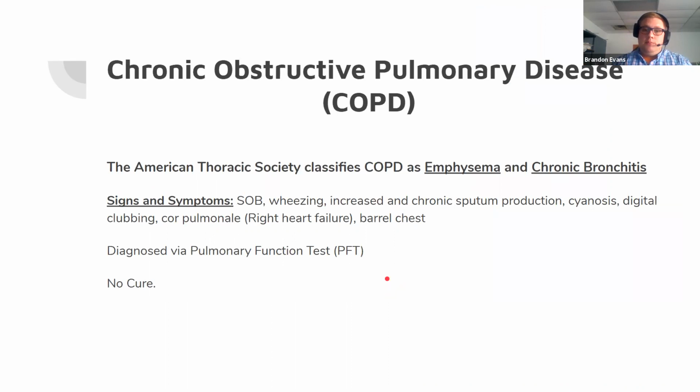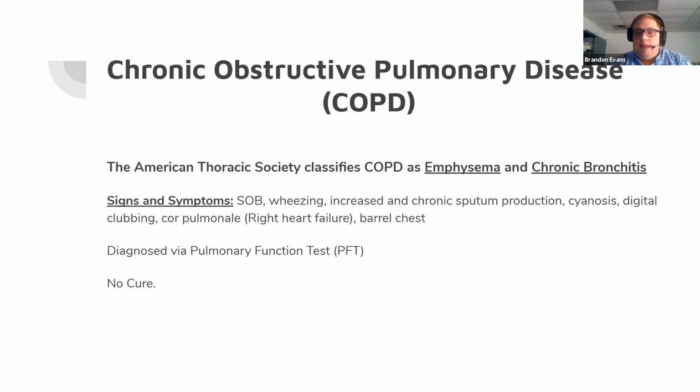The next obstructive airway disease that we're going to look into is COPD, chronic obstructive pulmonary disease. The American Thoracic Society classifies COPD as both emphysema and bronchitis, so having a combination of both diseases.